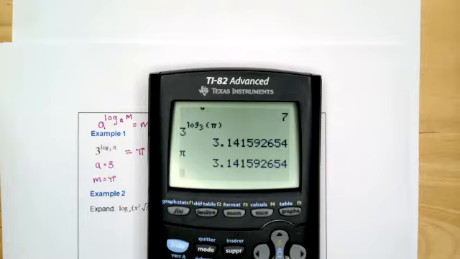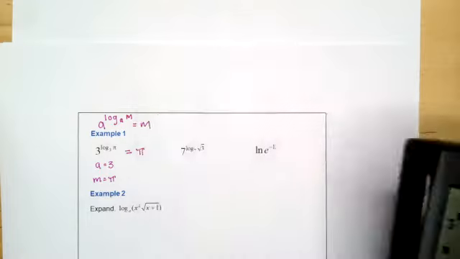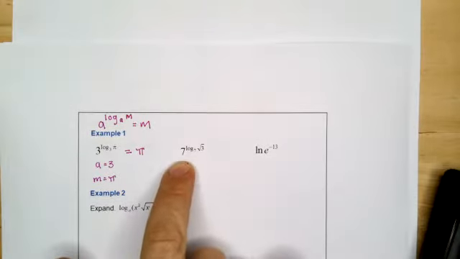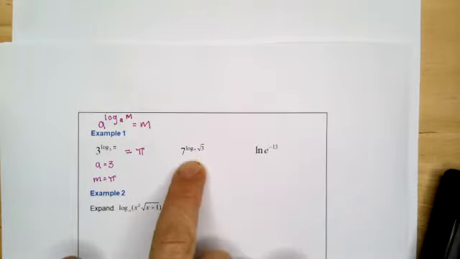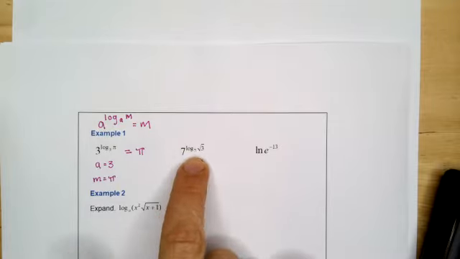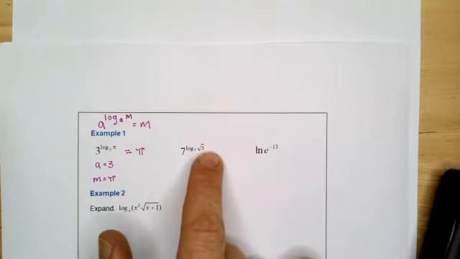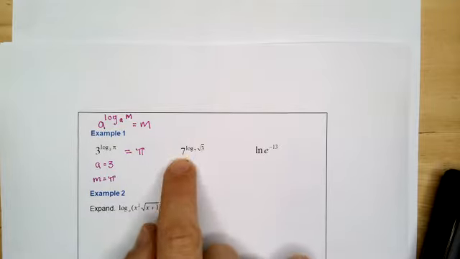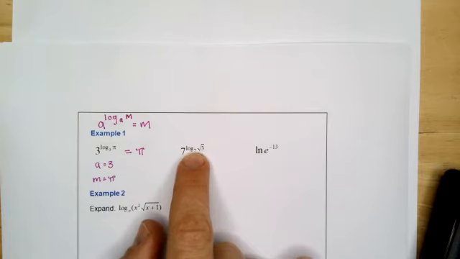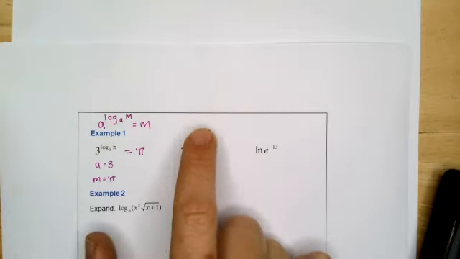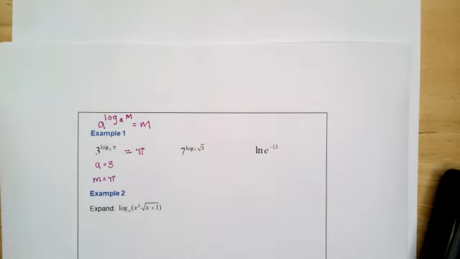Good. All right. Second one, same exact scenario. A to the power of log base a of m is equal to m, right? 7 raised to log base 7 of 3. The 7s cancel, and we are left with what we were taking the log of, which was radical 3.